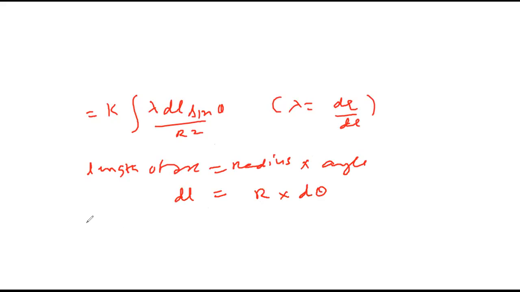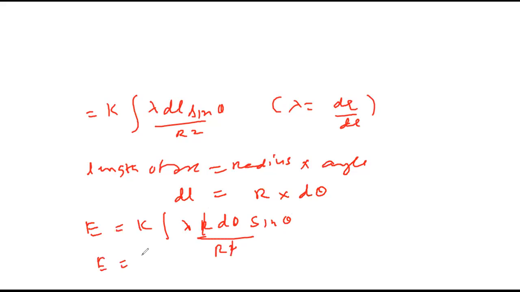So I can write therefore E equals K integral of lambda r d theta sin theta upon r square, one r cancels.